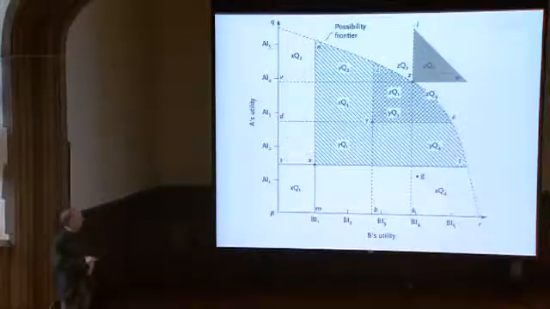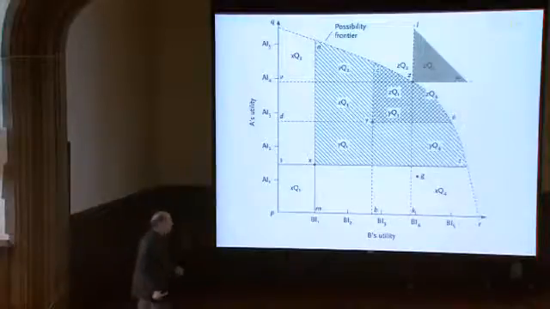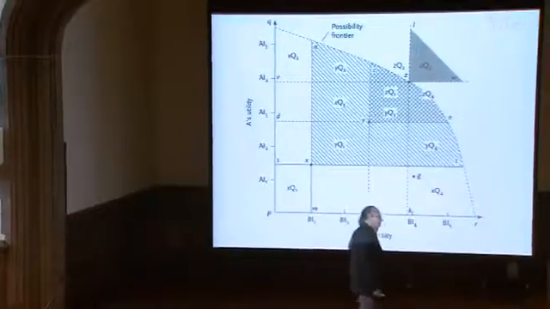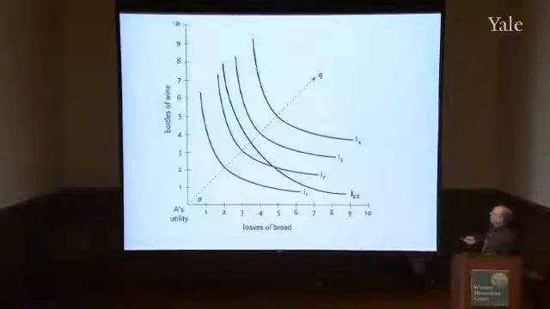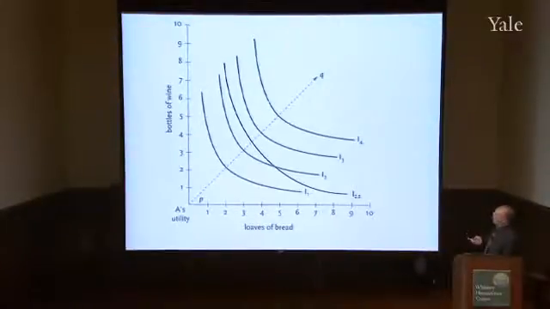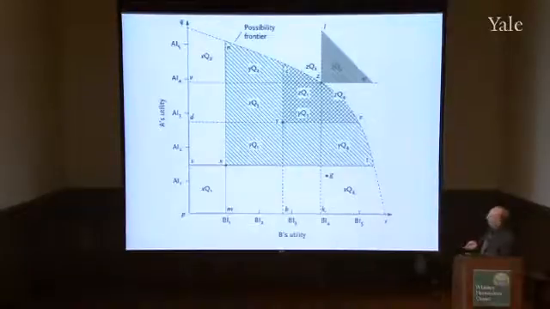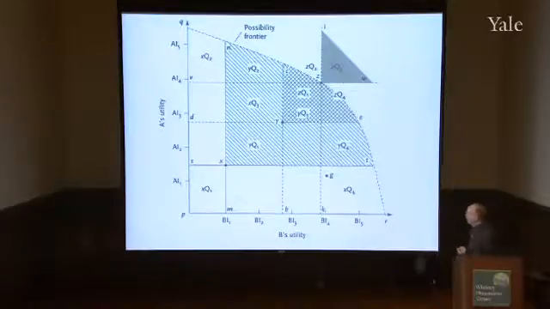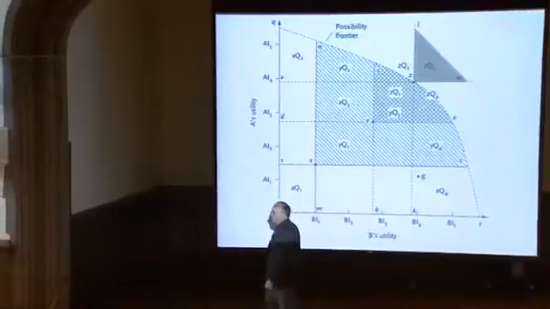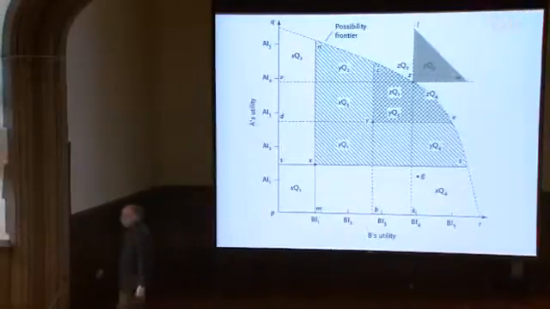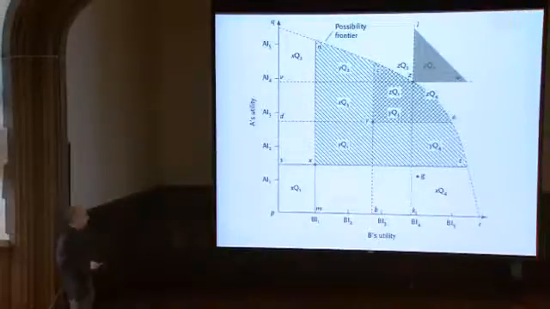Remember A in the previous slide was trying to get from P towards Q. A was trying to go up here. So this on this slide is the same thing as this on this slide. So A is trying to go this way, and B is trying to go this way. And what we imagine is some distribution of utility between them.